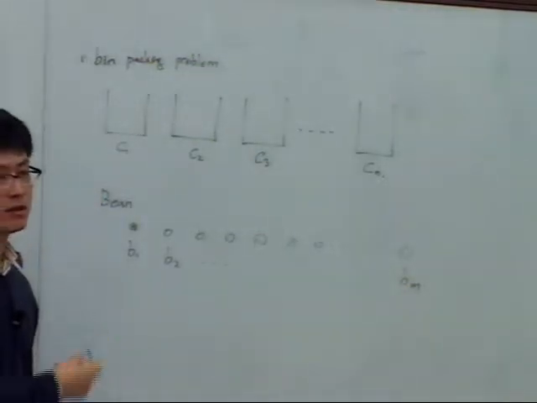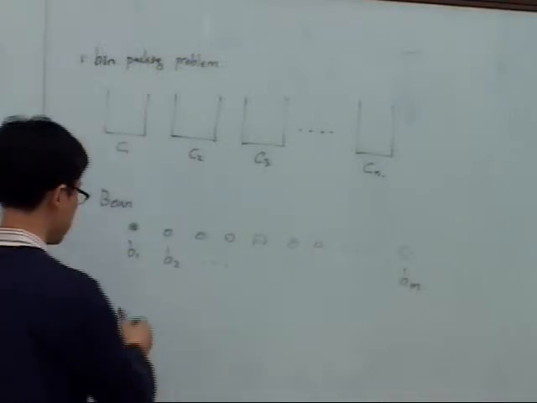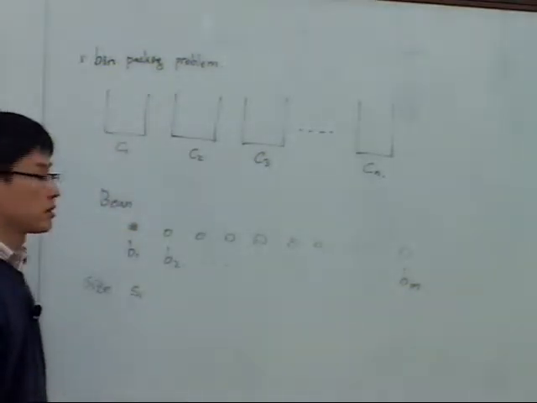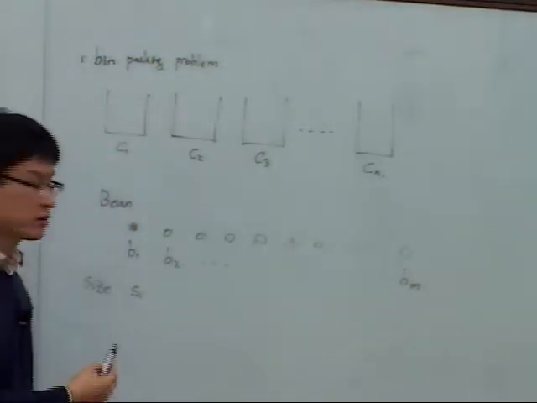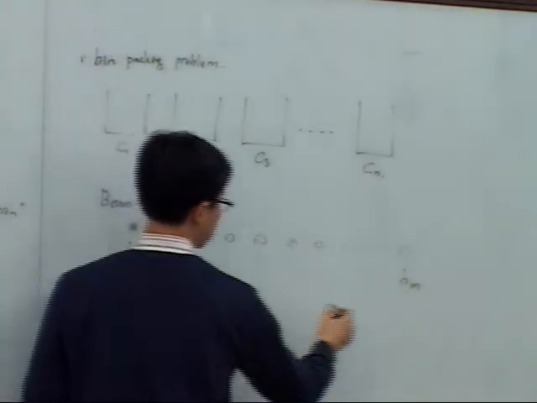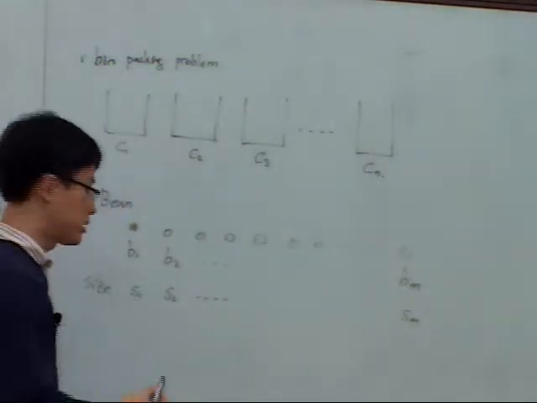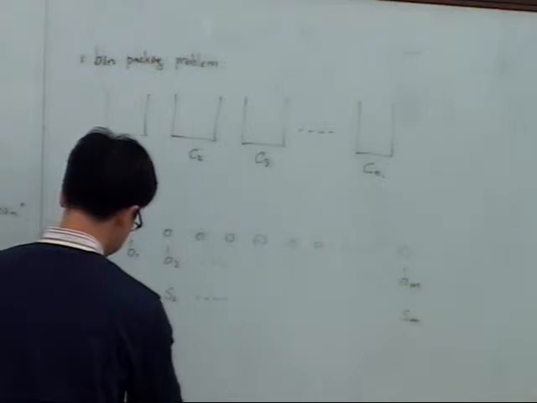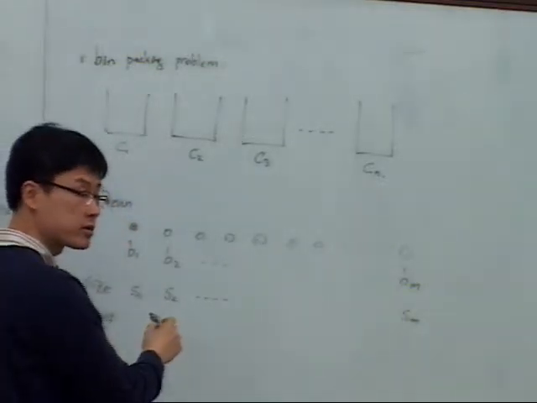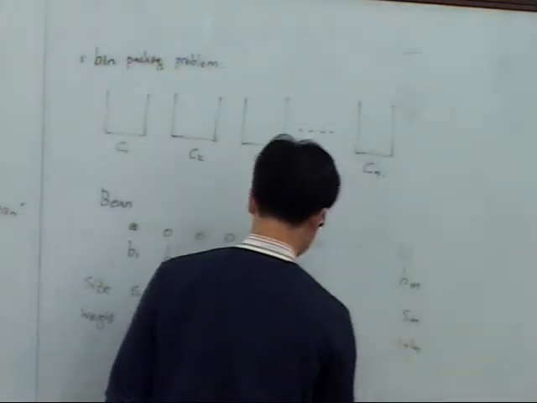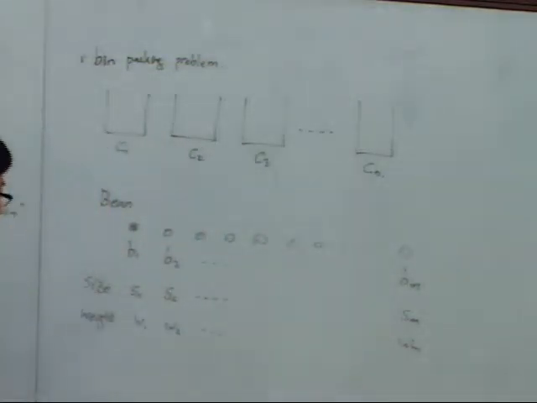So let's call the size S. Bean number 1's size is S1, S2, Sm, and weight: bean number 1's weight is W1 and Wm. And as you know, there are no exact beans.